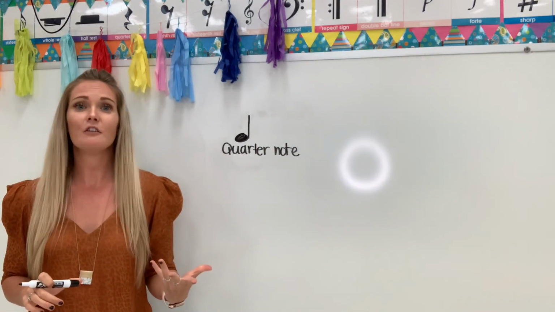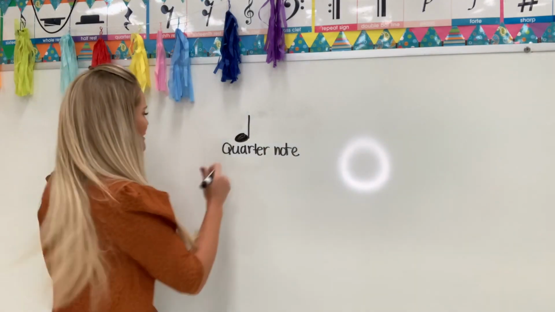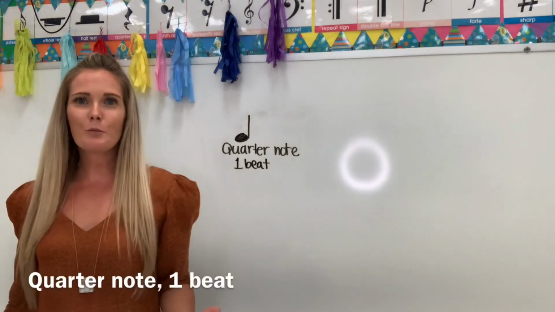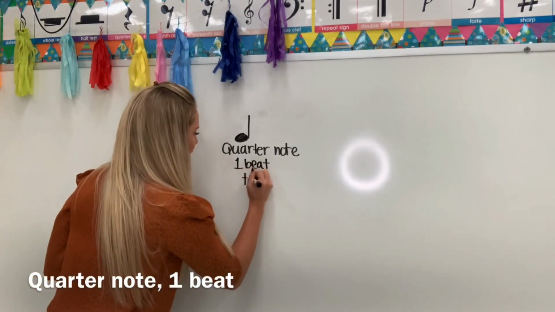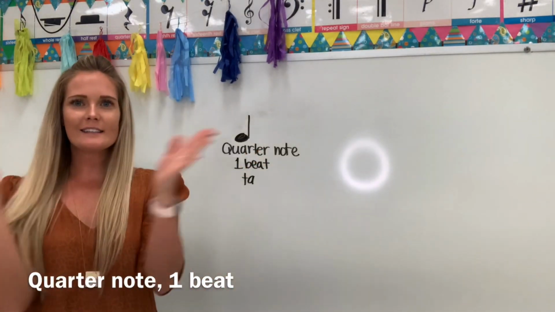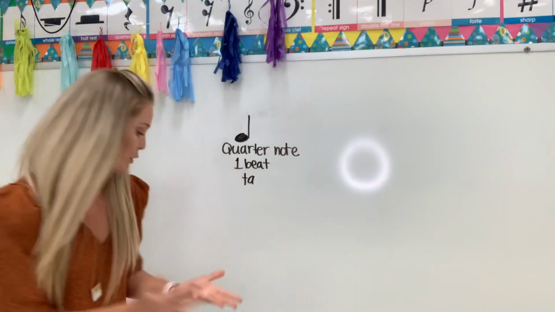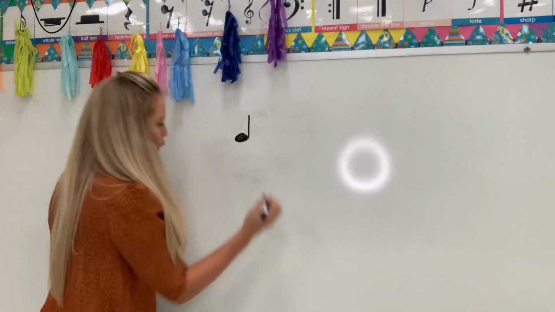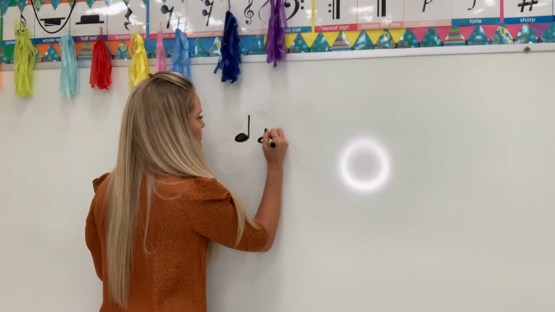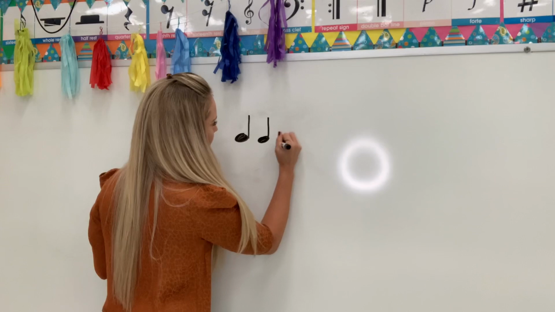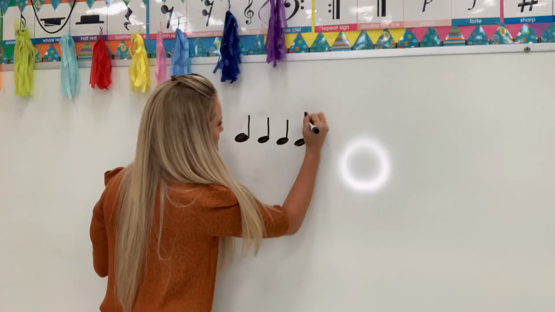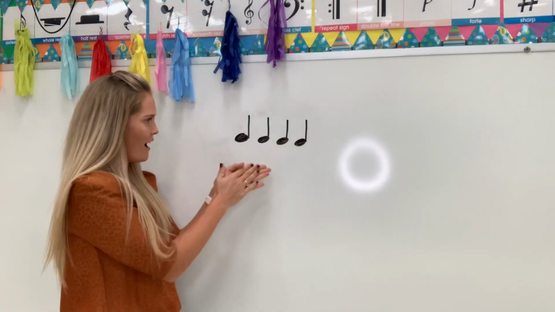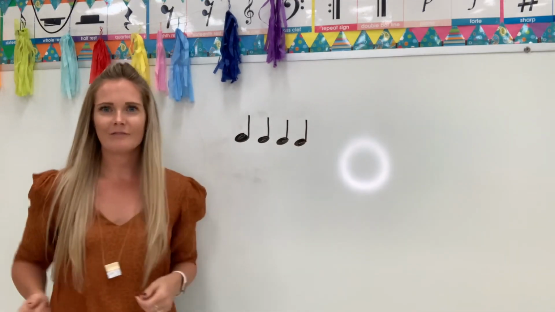What's a number less than 2? 1. So the quarter note is 1 beat. And super easy, because all you have to do is clap it and call it ta. That's it. So what happens if you have 4 quarter notes in a row. So I'm gonna draw them here. How would we clap those and say those out loud? You'd go, ta, ta, ta, ta, right?